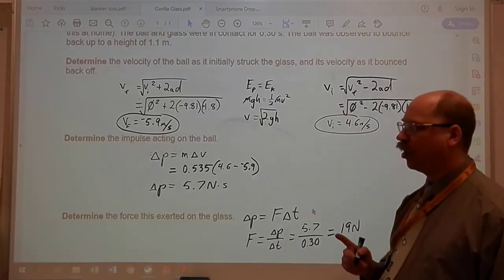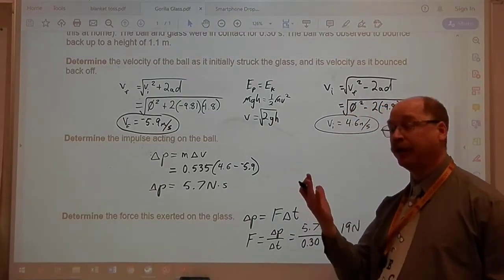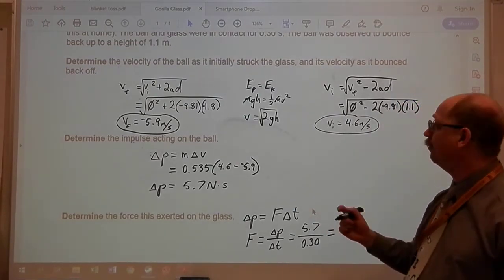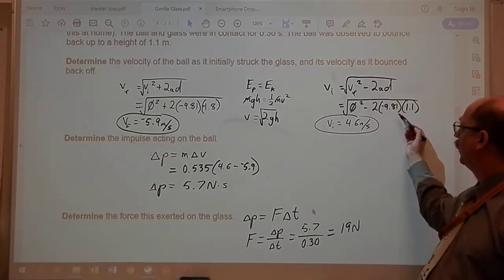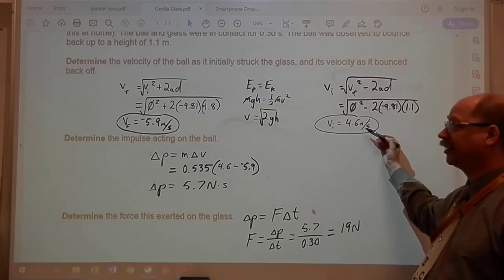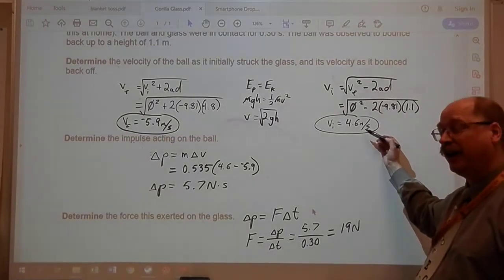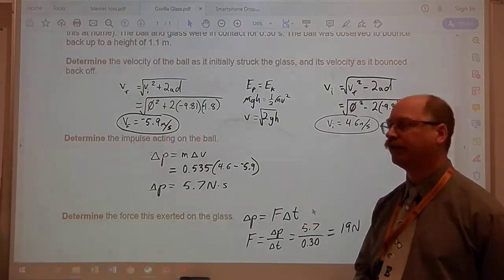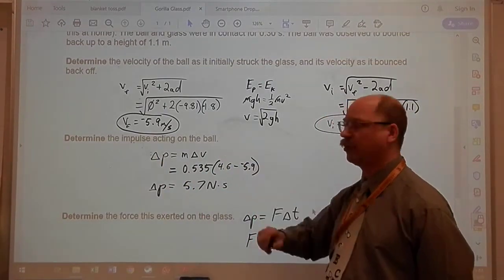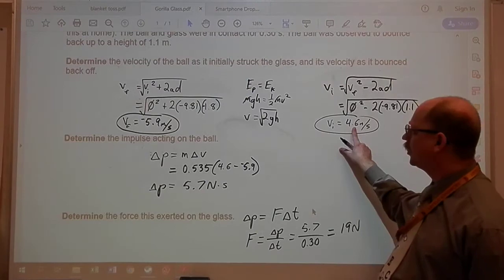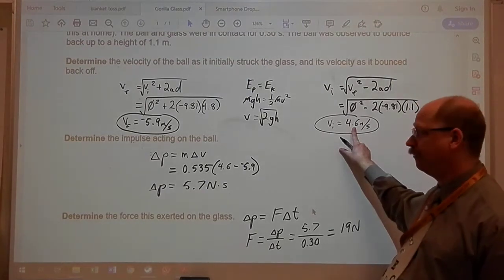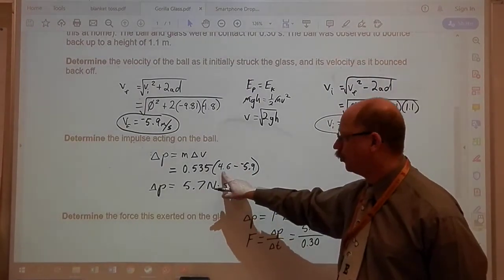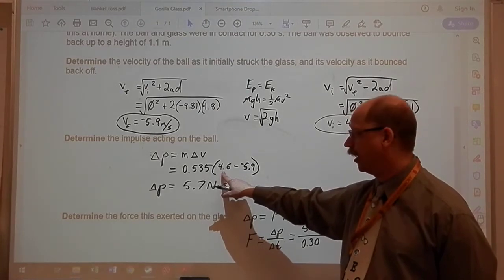If we cause the ball to go back up to its original height of 1.8 meters, this wouldn't be 4.6. It would be positive 5.9, because it would take just as much velocity in the positive direction to get it back up to the 1.8 meters. So this would be positive 5.9. This would be positive 5.9.